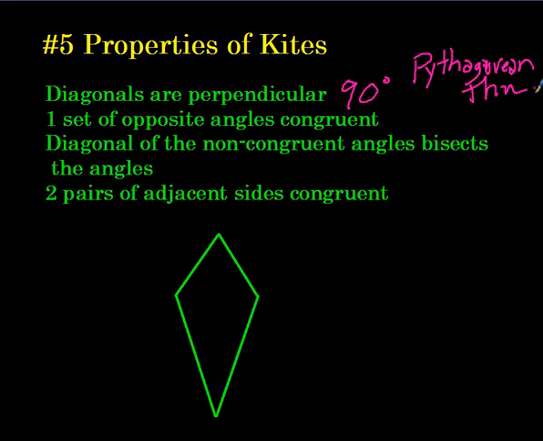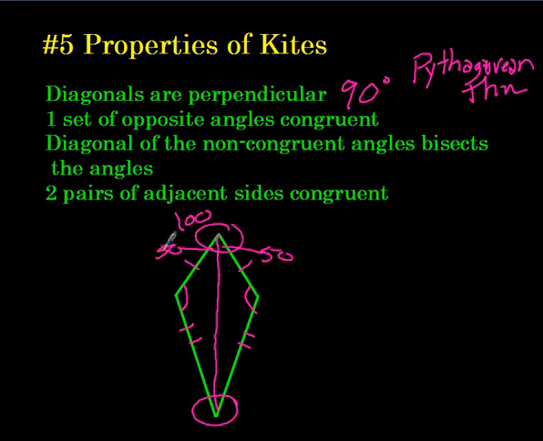One set of opposite angles are congruent, so these would be the congruent angles. And then the diagonals of the non-congruent angles bisect the angles. So these two angles are the non-congruent angles, so if I draw a diagonal through that, that means these angles get bisected. Again, if this were 100 degrees, each of these little pieces here is 50 and 50. And then it has two pairs of adjacent sides congruent, and that's what we just talked about here. So notice it's not opposite sides congruent, it's adjacent sides congruent.